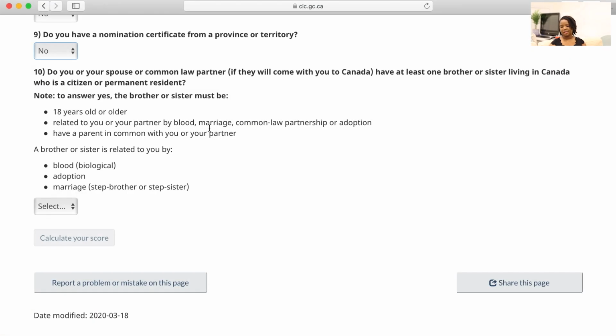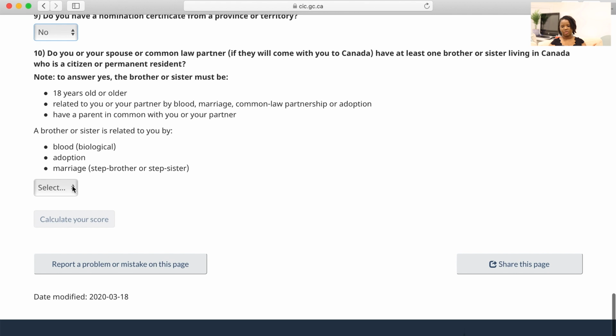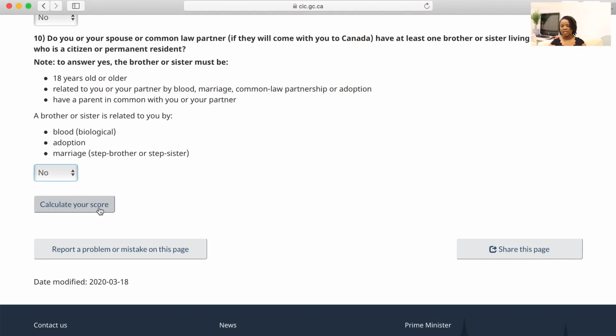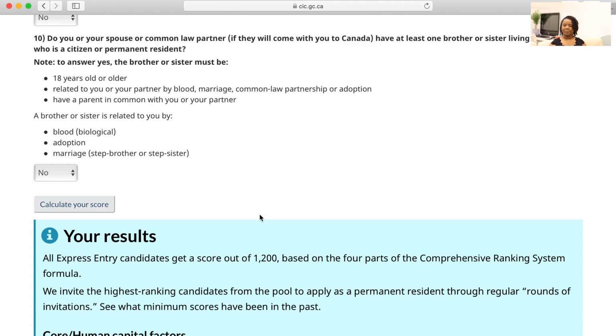The person must be 18 or over, related to you or your partner by blood, marriage or adoption, and you must have a parent in common with the person. Whether you or your spouse, they're basically treating you as one. Here they provide more information, but we're going to click no because most people probably don't. And I'm going to hit calculate your score.